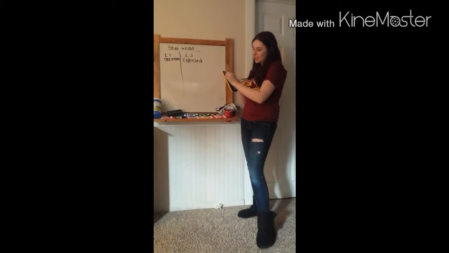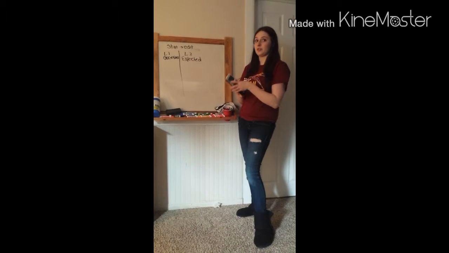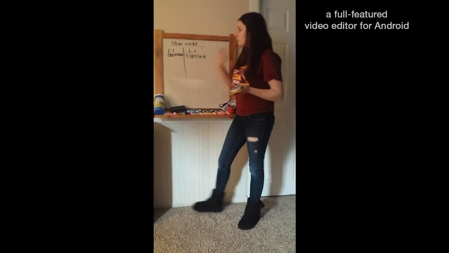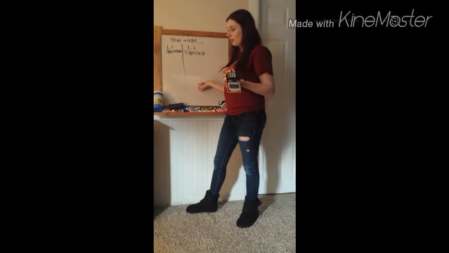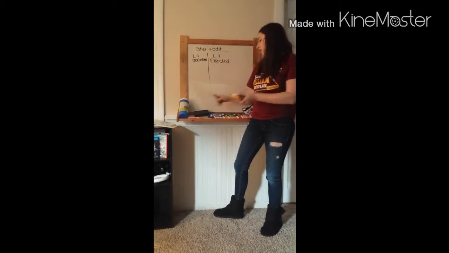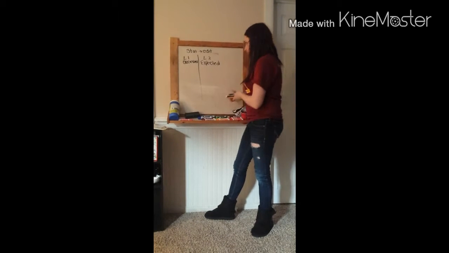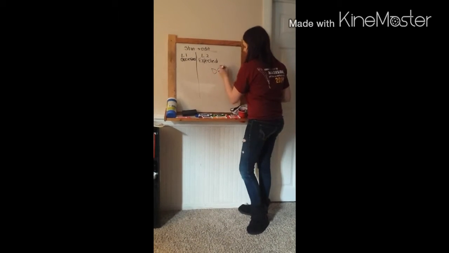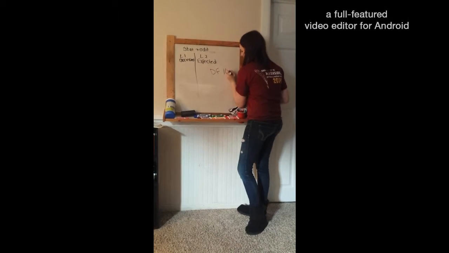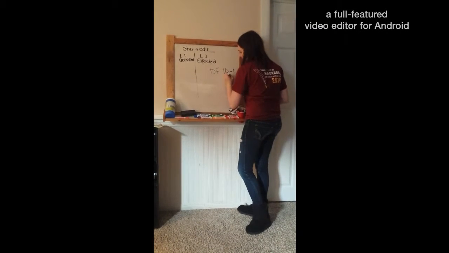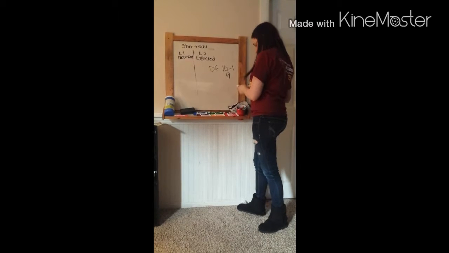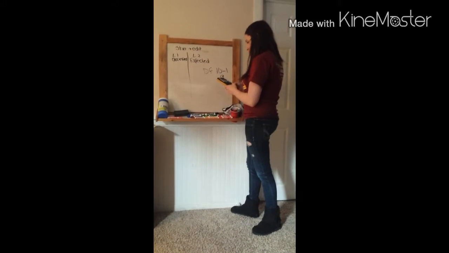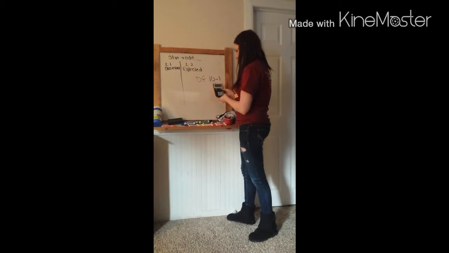But then it's going to ask for DF. DF stands for degrees of freedom. What you want to do is take the number of observed or expected values, because they should be the same amount, which is 10, and then your degrees of freedom is going to be 10 in this situation minus 1, which is 9. So your degrees of freedom is going to be 9, and then you're just going to press calculate.